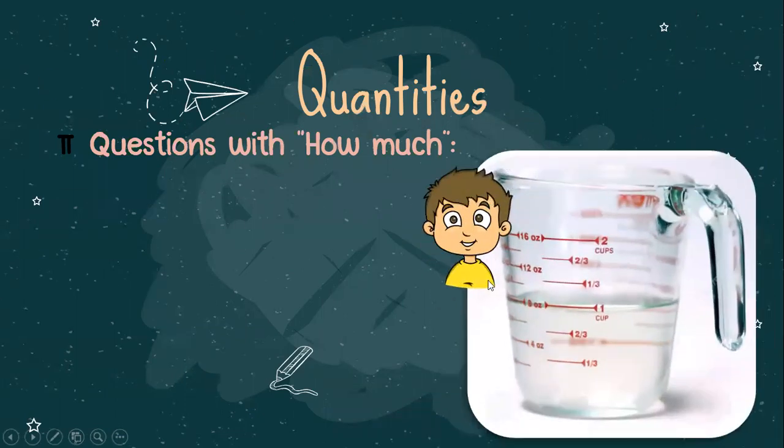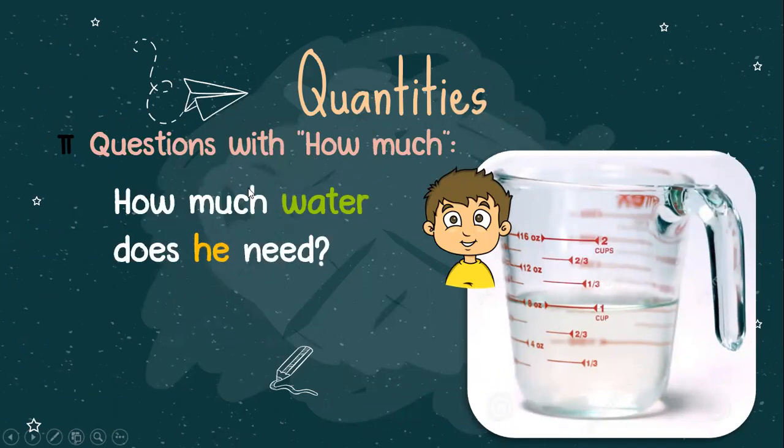For example, in this case, you can see the boy and this is the water. But the question is, how much water does he need? In this case, we are using only the word water. How much water does the boy need?